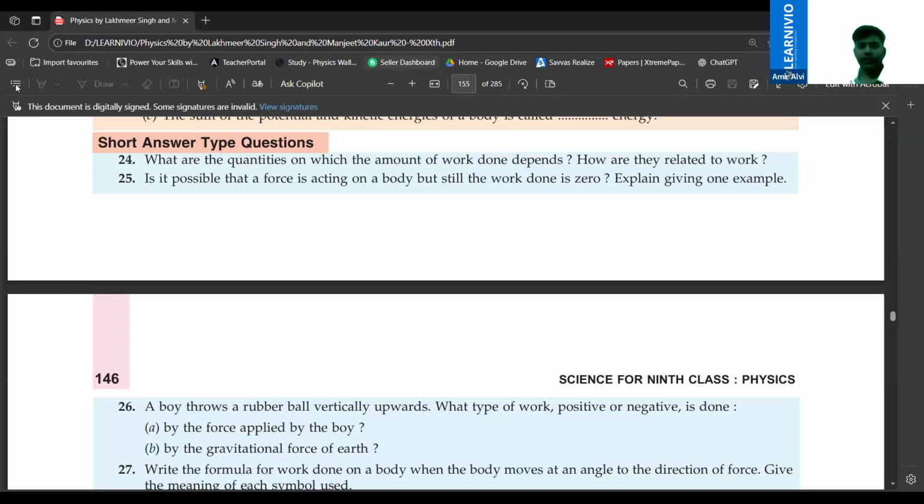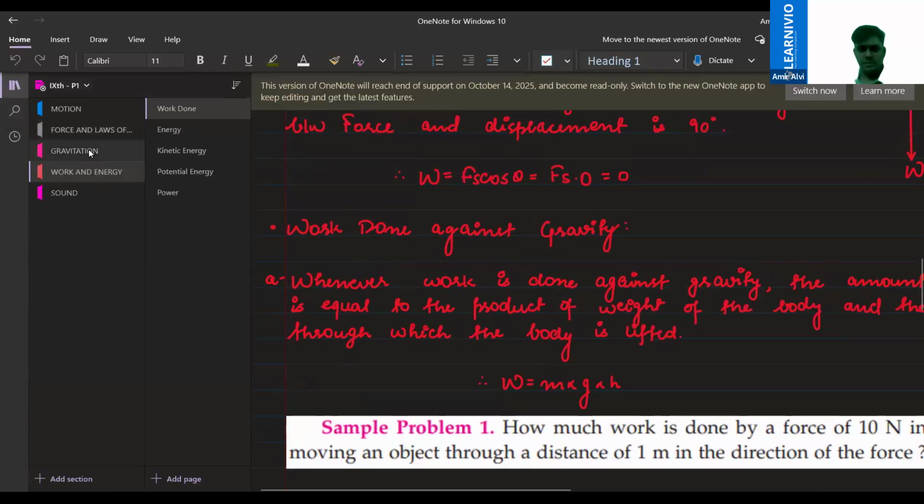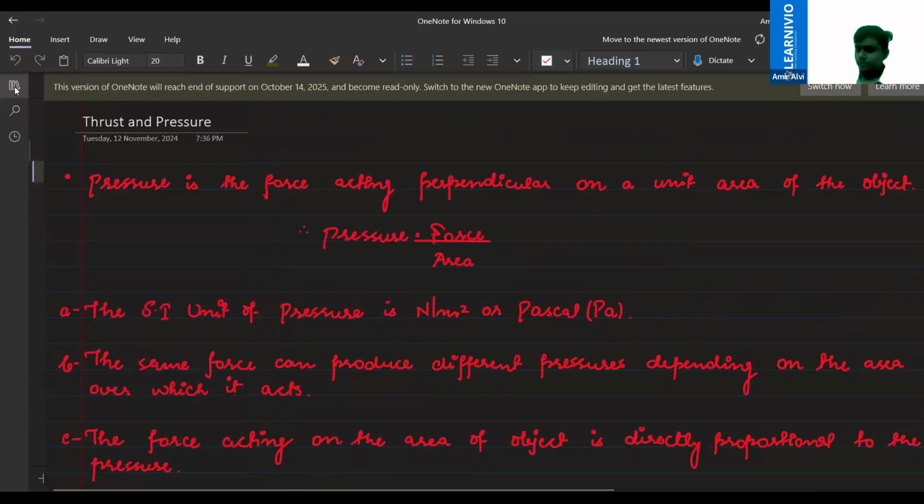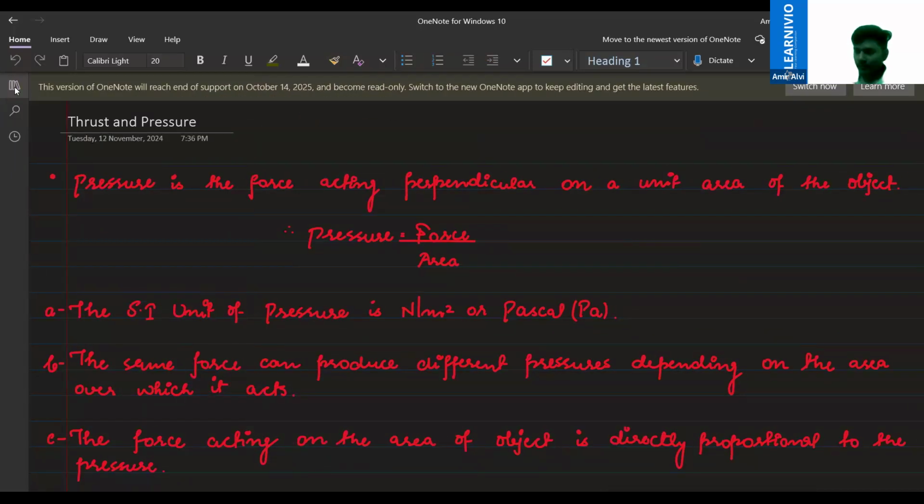Let me discuss the gravitation first. In gravitation, you have the problem in thrust and pressure, right? Pressure is basically the force acting perpendicular to the area. The formula for pressure is force upon area, and the SI unit of pressure is Newton per meter square or Pascal.